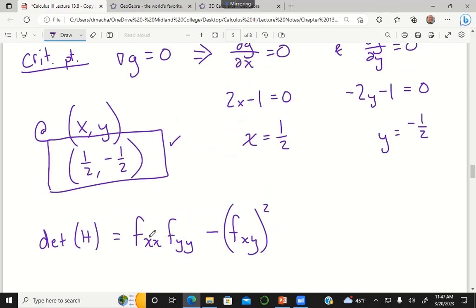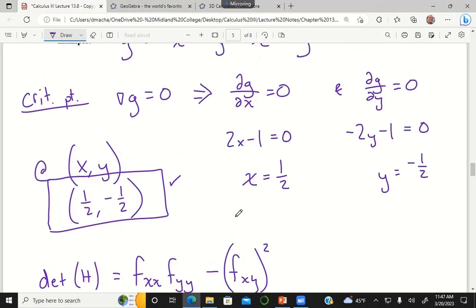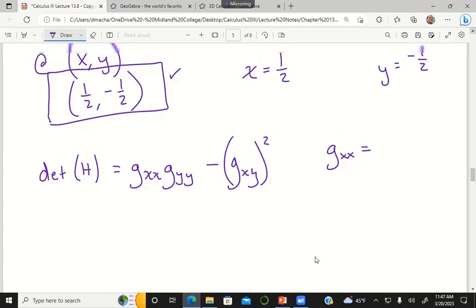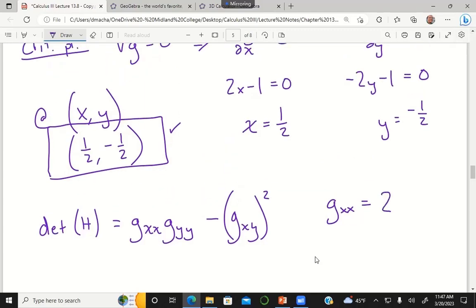So I have to take these second partial derivatives to figure out what's going on. My function was actually named g and not f, so I could just change those to g's. g xx would be 2. g yy would be -2. And then g xy would be what?